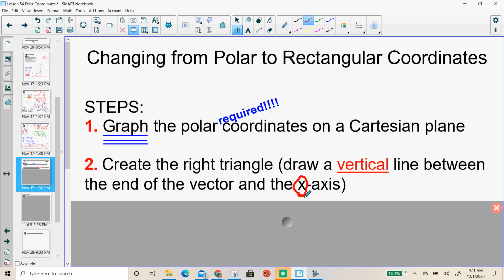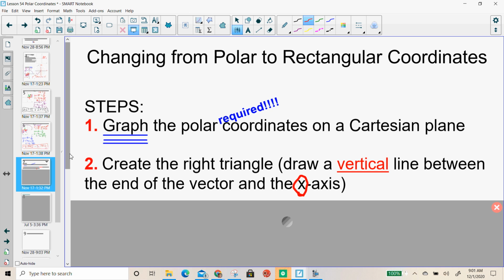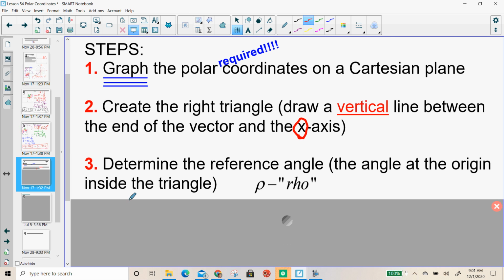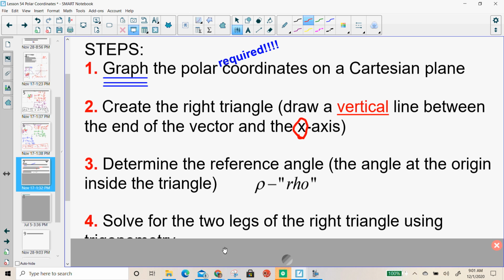Never use the y-axis as part of your triangle. Always must use the x-axis on there. Then figure out how big that angle inside the triangle needs to be. So it's going to be something between 0 and 90 degrees.